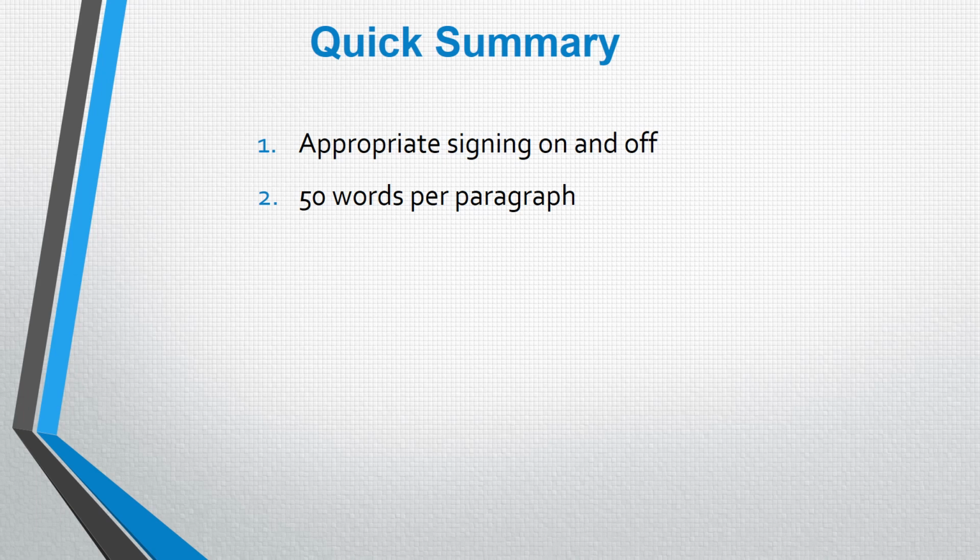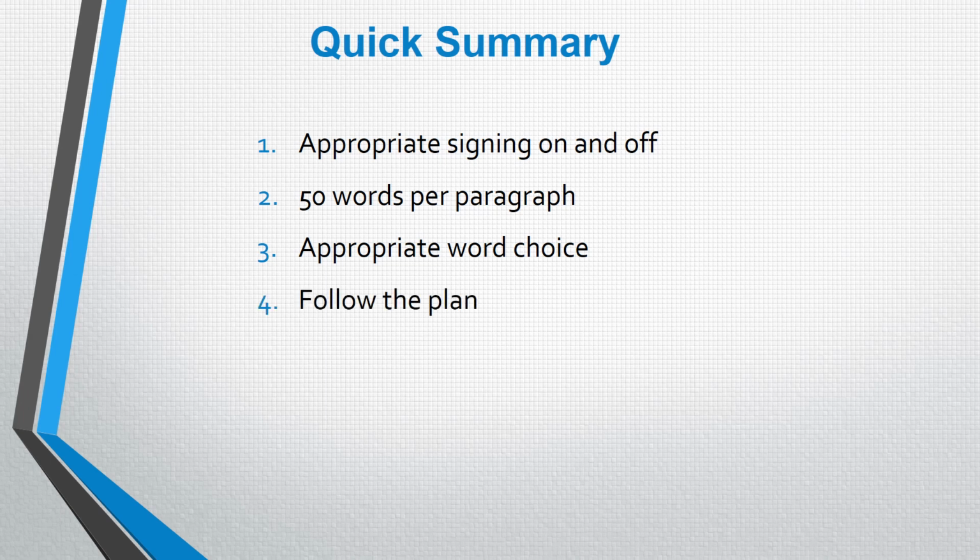Remember, you're going to choose your words carefully and try to make them specific to the situation to maintain a formal tone. And finally, just follow the plan that I've given you. It works every time. Just practice using it, and you will also be able to write nicely structured letters that score very well in the IELTS test.